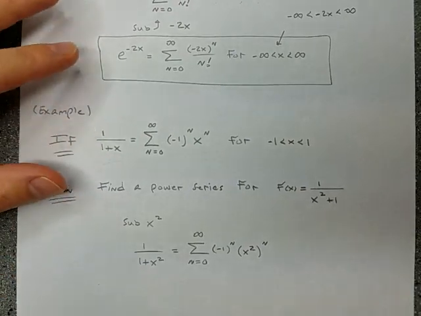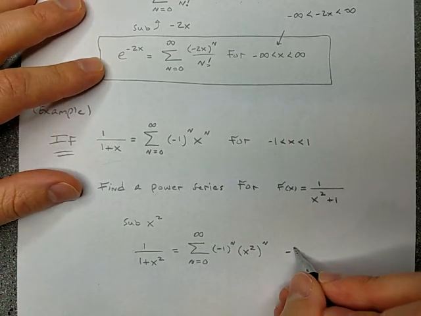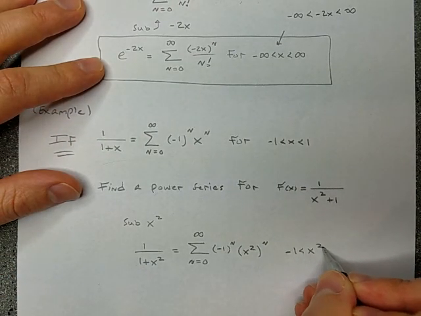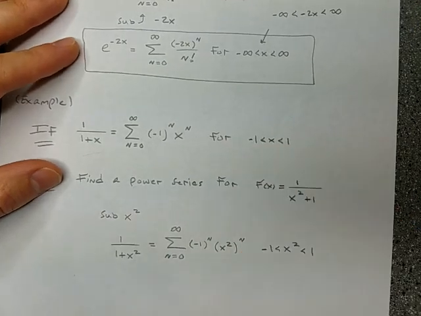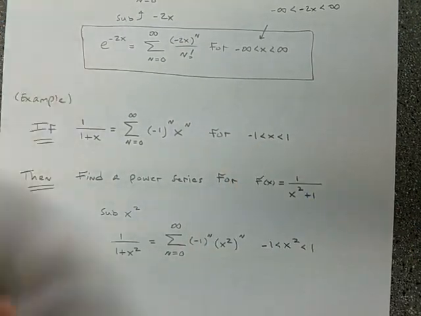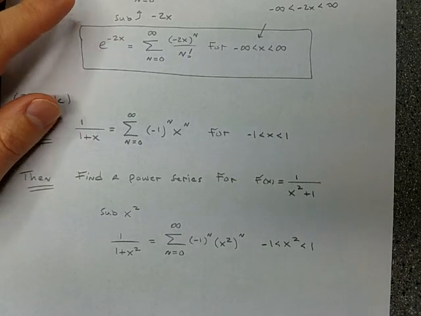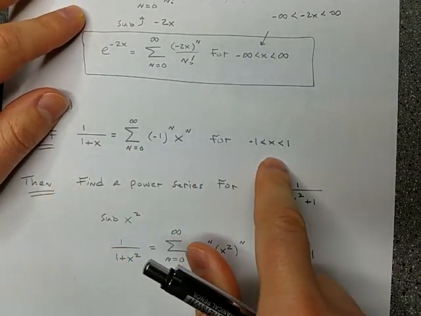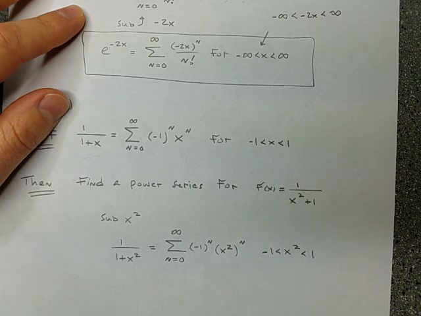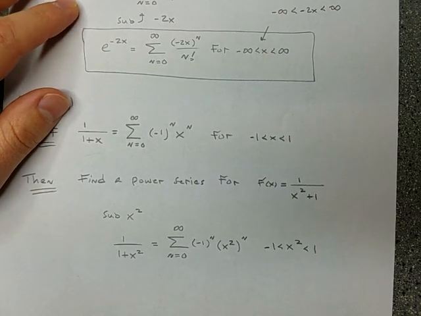And that will be if negative 1 is less than x squared is less than 1, because that's what we're using instead of x. We're going to use x squared. So I've modified this statement to give me something about that function.